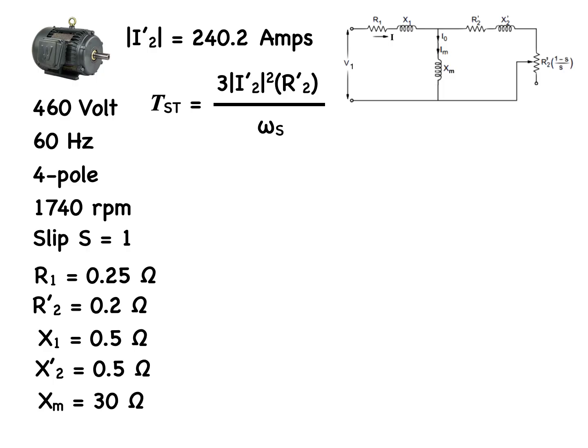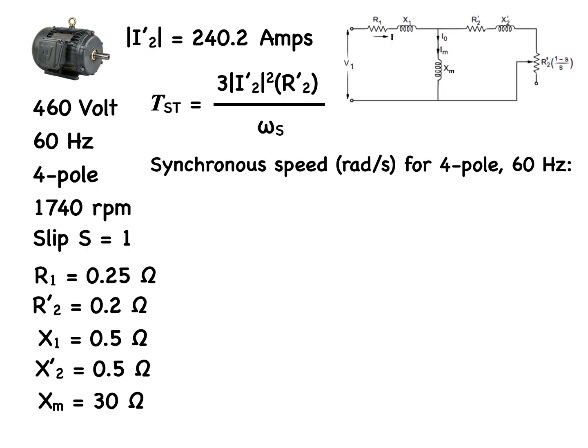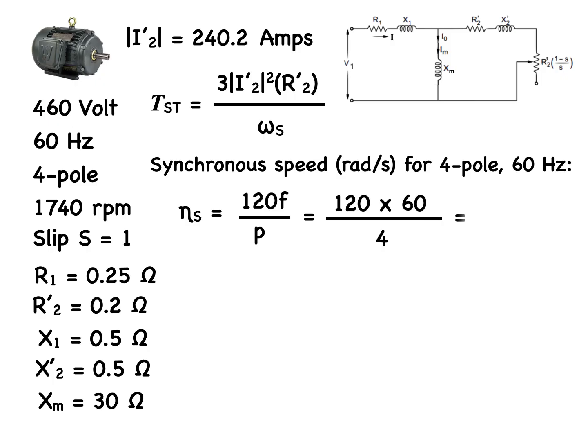We now can calculate the starting torque. The synchronous speed for a 4-pole 60 Hz motor is equal to 120 f, the frequency, divided by P, the number of poles, or 120 times 60 divided by 4. And that is equal to 1800 RPM.